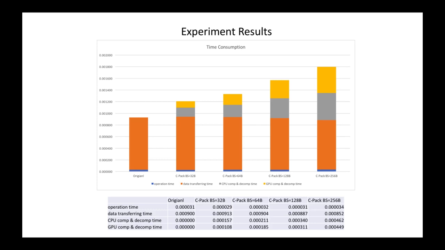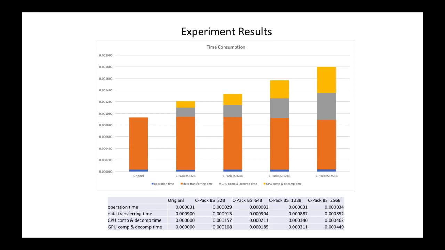Then we look at the time consumption of each application. There are 5 applications: the original, and 4 CPAC with 4 different block sizes. We can see that the original application has the least time consumption, which is quite surprising. And with CPAC, the time consumption is always higher.